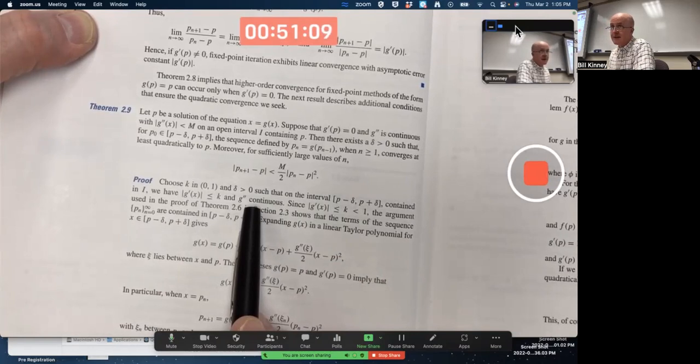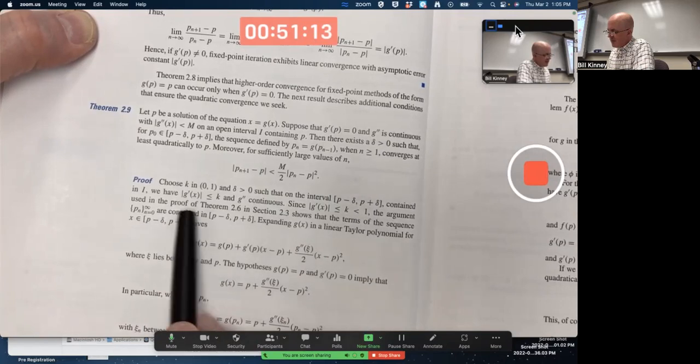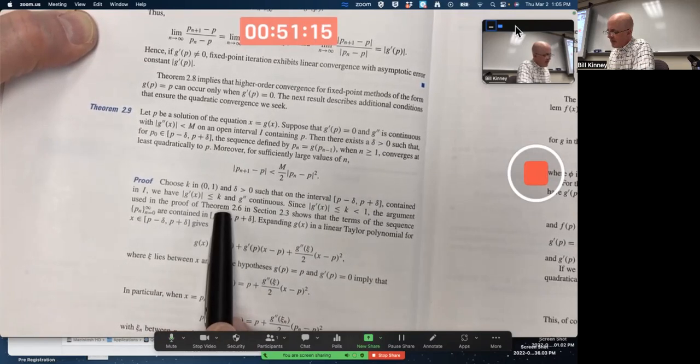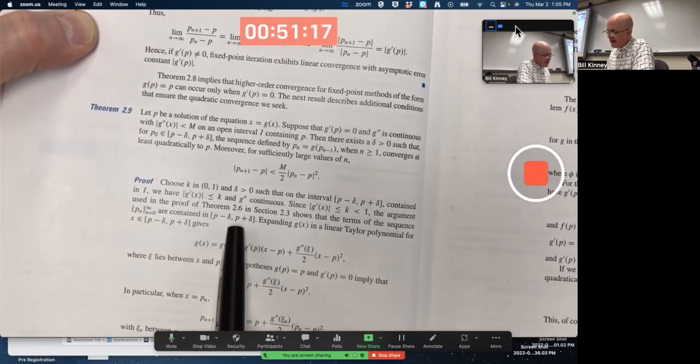The reason's not clear yet. The next sentence says the argument from another proof shows that the terms of the sequence are contained in the interval. It was the first proof we looked at today. We won't go through the details of that. I'll let you think about that if you want.